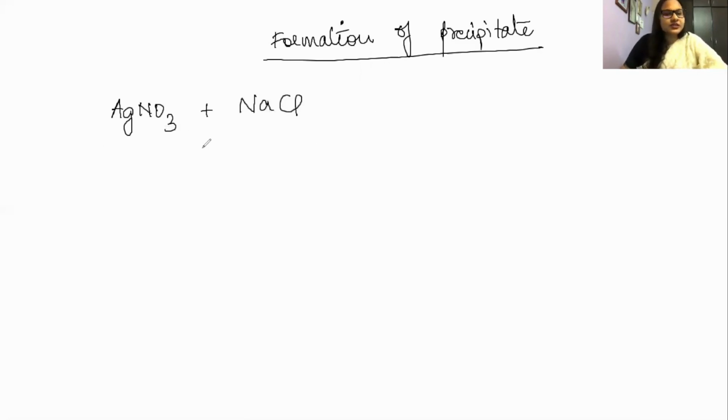If you recall your classes from language of chemistry, AgNO3 is silver nitrate, and NaCl is the most commonly used table salt, that is sodium chloride.